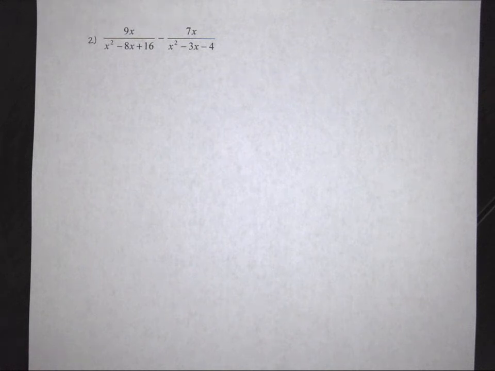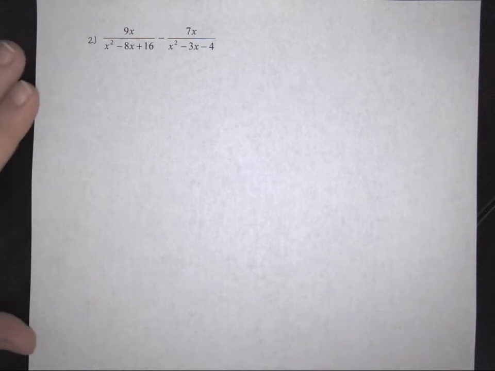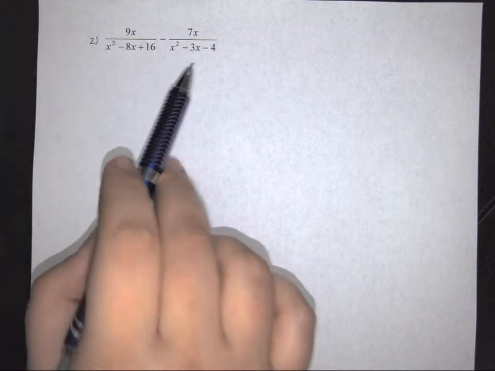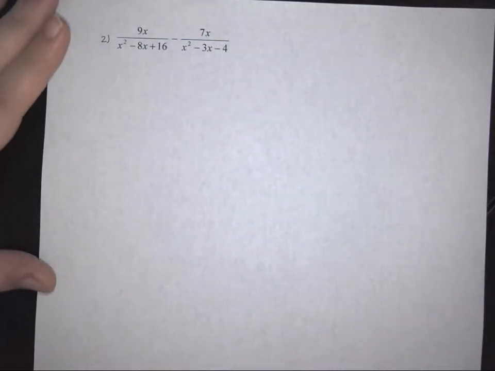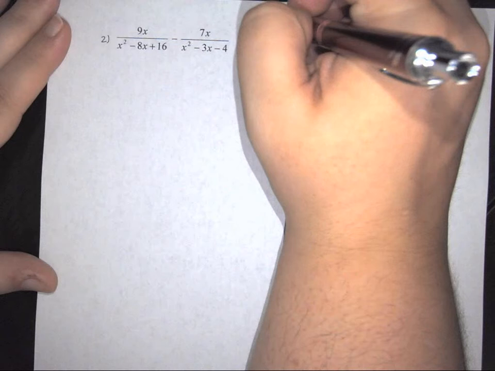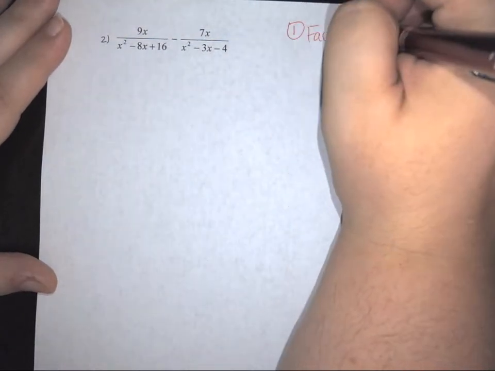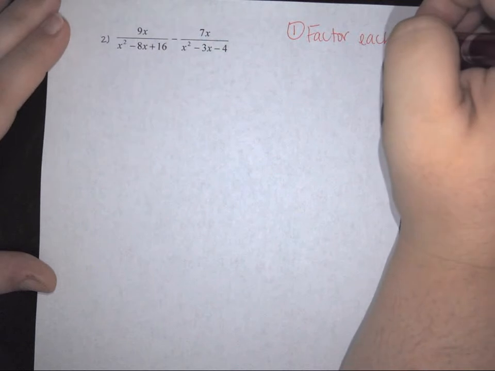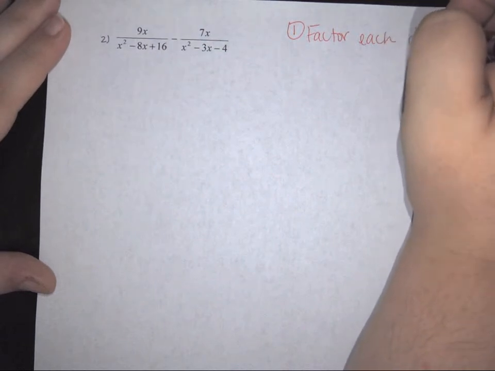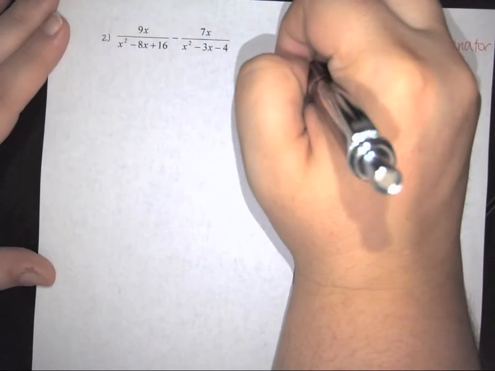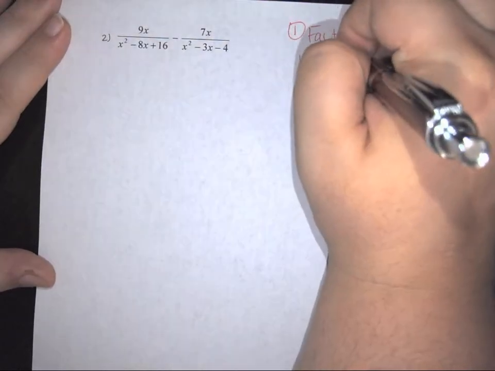So the next example I wanted to do is an example of subtraction. In this case, I have these trinomials here. The first thing that I want to do is factor each denominator into the parts.